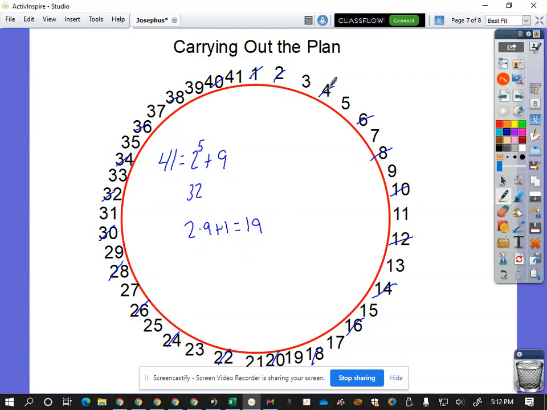Then 41 eliminates 1, 3 eliminates 5, 7 takes out 9, 11 takes 13, 15 takes 17, 19 takes 21, 23 takes 25, 27 takes 29, 31 takes 33, 35 takes 37, 39 takes 41, 3 takes 7, 11 takes 15, 19 takes 23, 27 takes 31, 35 takes 39, 3 takes 11, 19 takes 27, 35 takes 3, and then 19 takes 35. And 19 is indeed the winner.